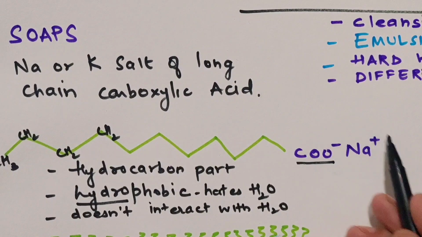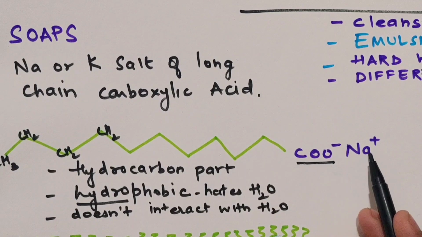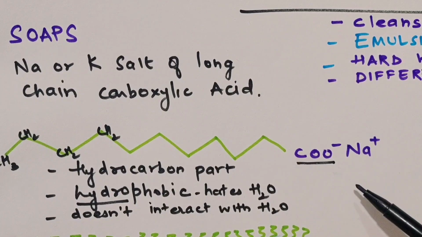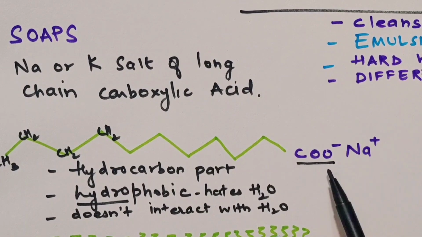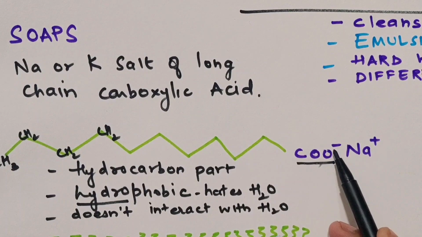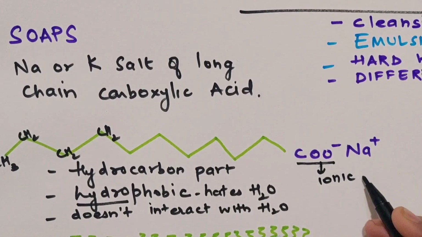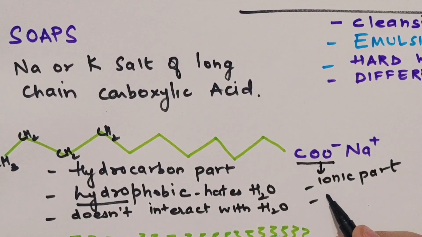Next up, here we have the ionic part. You can see that this is the anion and this is the cation. When we add soap molecule in water, these two separate and only this remains. Still, it has a negative charge. It is the ionic part, the water loving part.